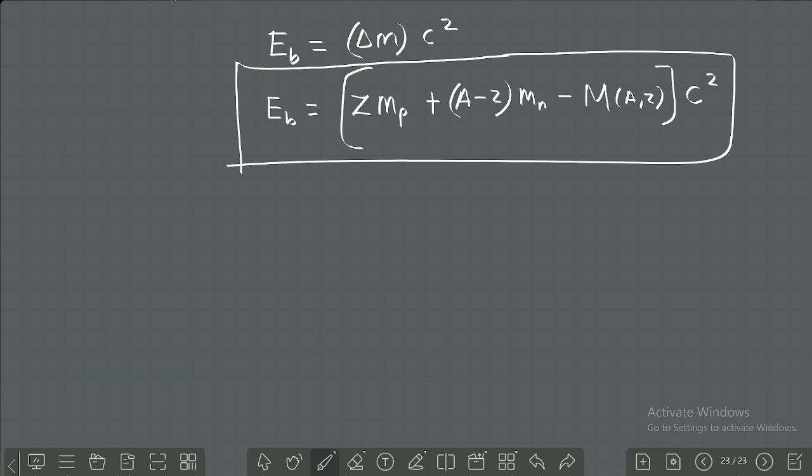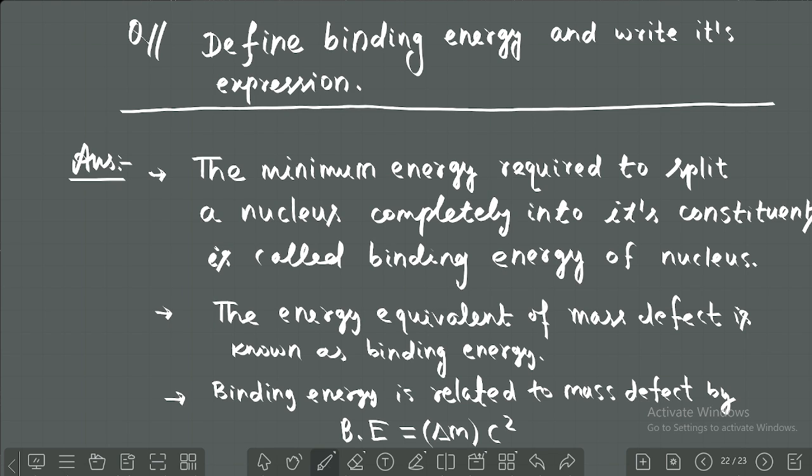Binding energy is delta M into C square. Any doubt here? And if someone asks you the definition, then you give this definition: the binding energy is the minimum energy required to split a nucleus completely into its constituents, or the energy equivalent of mass defect is known as binding energy. So these two points you write.